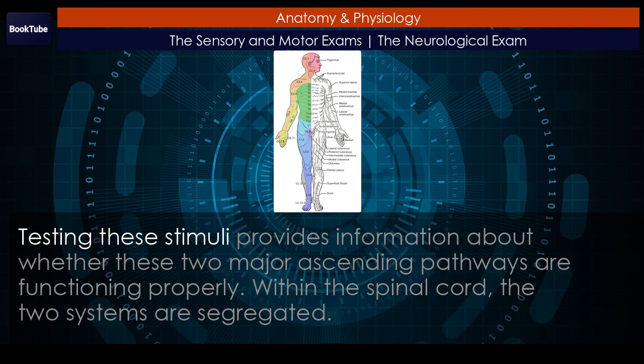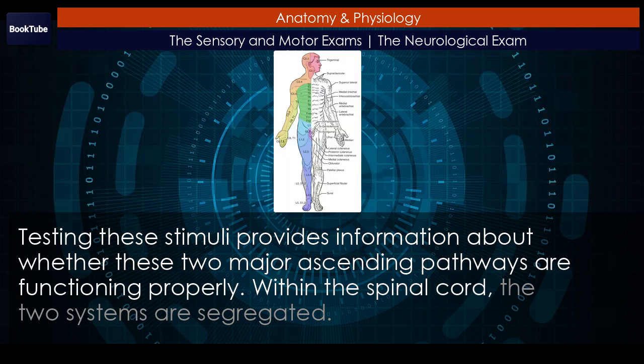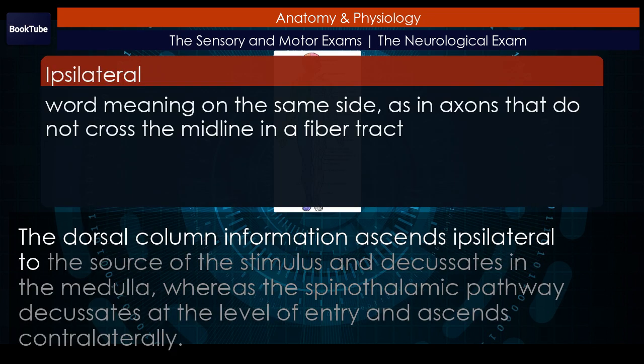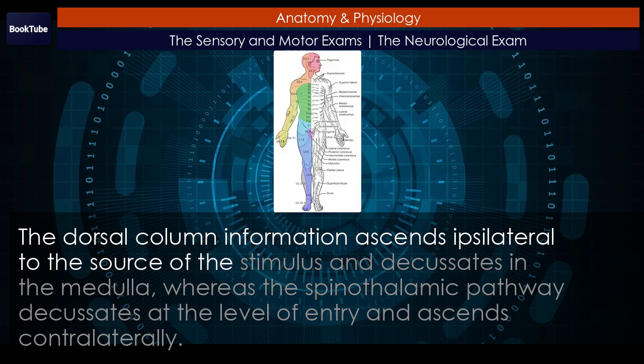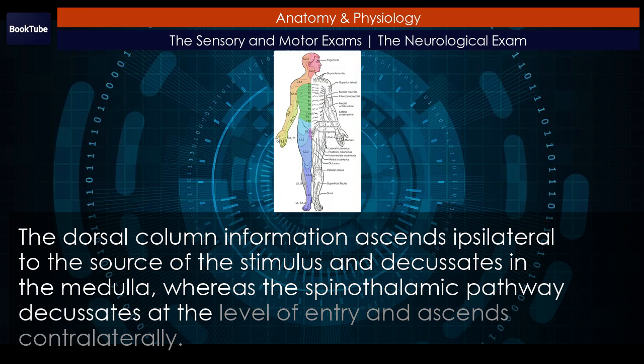Testing these stimuli provides information about whether these two major ascending pathways are functioning properly. Within the spinal cord, the two systems are segregated. The dorsal column information ascends ipsilateral to the source of the stimulus and decussates in the medulla, whereas the spinothalamic pathway decussates at the level of entry and ascends contralaterally.